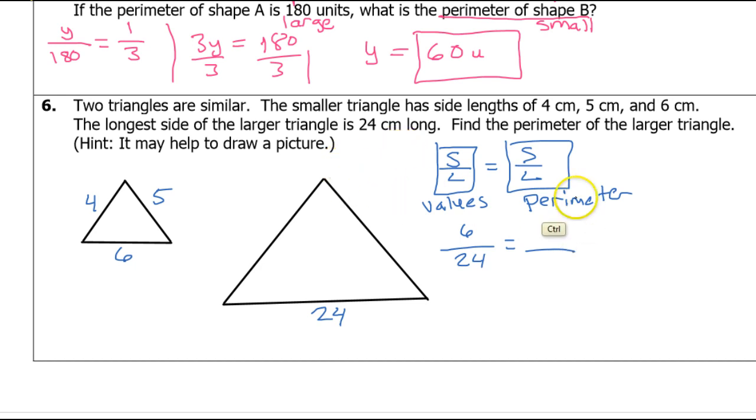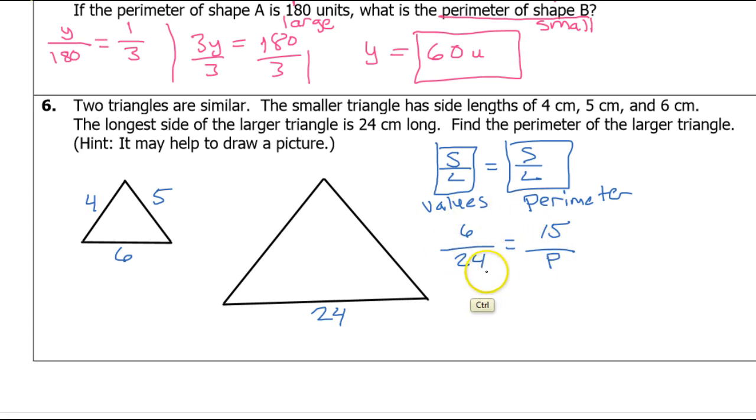Now, let's talk perimeter. The perimeter of the small triangle, that's 10, 15. And we're supposed to find the perimeter of the large triangle, so let's call it P for perimeter.